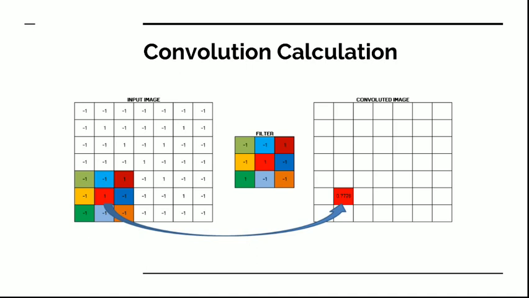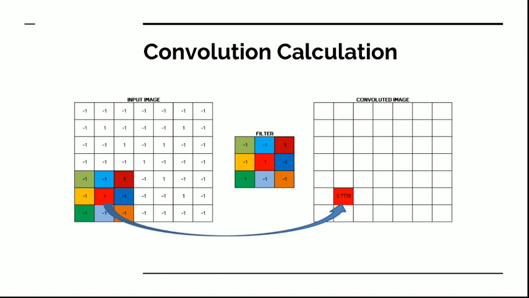For example, on the bottom left we have a green colored cell in the input, and in the filter also a green cell in the bottom left. Multiplying, -1 and 1 gives -1. Similarly, on the top right we have a brown cell, both cells are 1, so we get 1. On the top left we have a light green cell, both cells are -1, so we get 1.